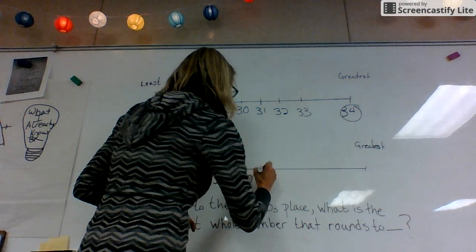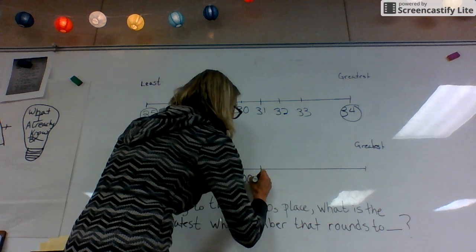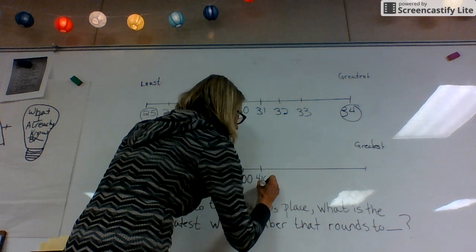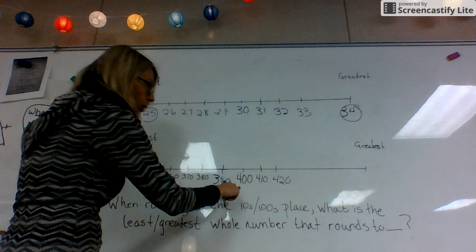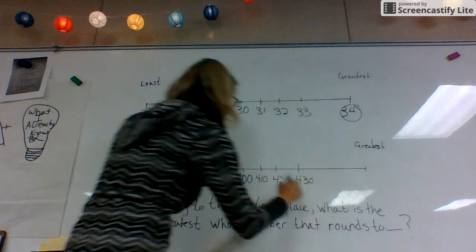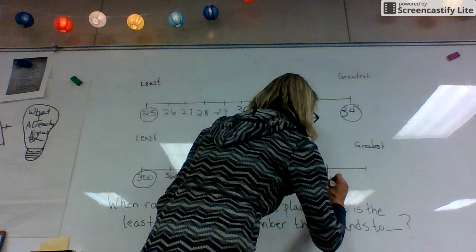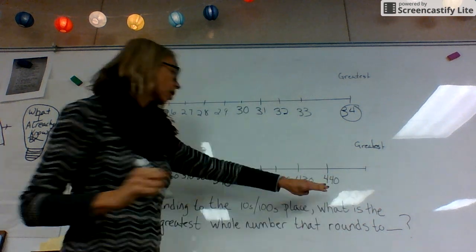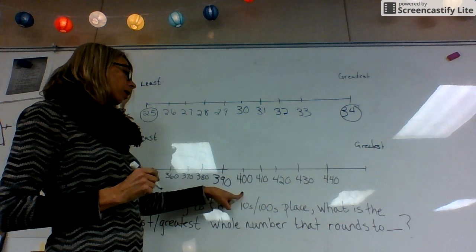Again, it's a similar process as when we were rounding to the tens place, and we're going to just count by tens. So 410, 420 is going to round down to 400. 430 is going to round down to 400. 440 is going to round down to 400. But is that our greatest whole number that's going to round down to 400?